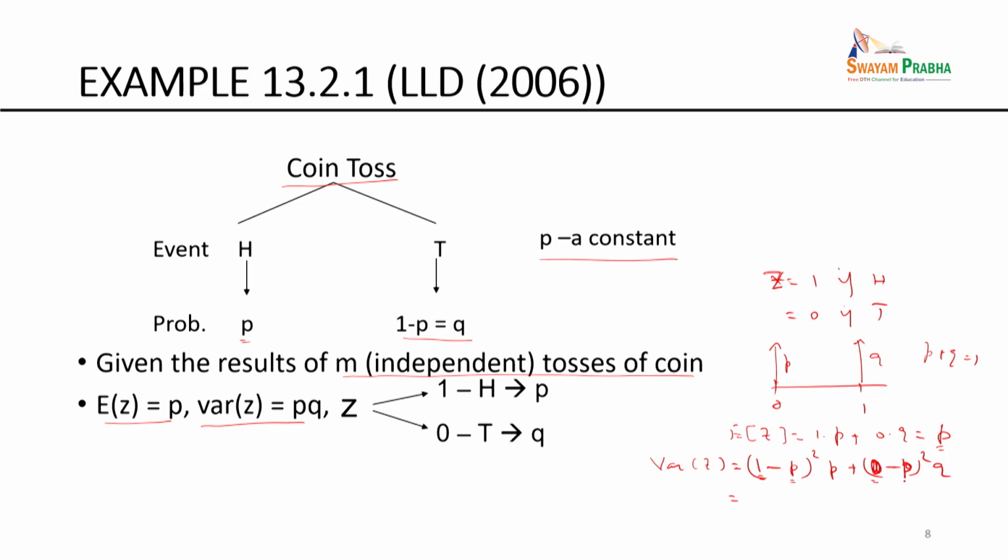It takes the value 0, p is the mean value. The difference between the actual value and the mean is what we have. So (1 minus p) square times p plus (0 minus p) square times q. So this is q square p plus p square q. This is equal to pq times (q plus p). q plus p is 1, that is pq. So the variance is pq in a single trial.